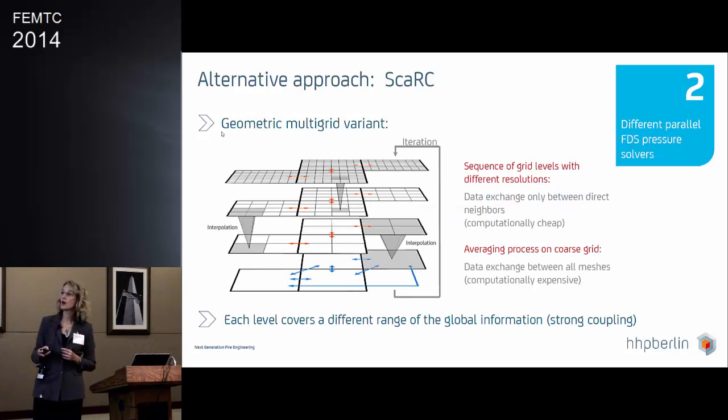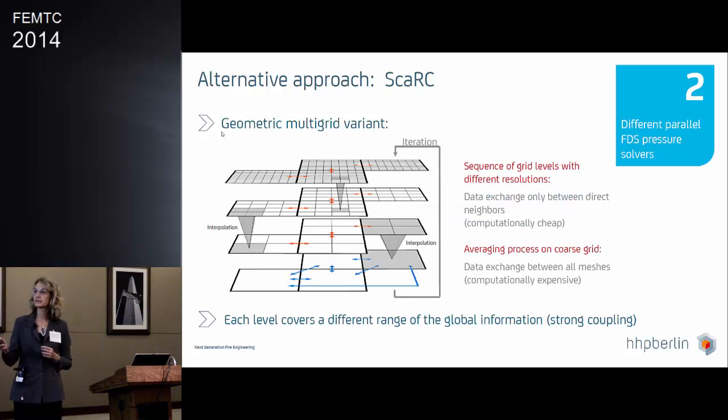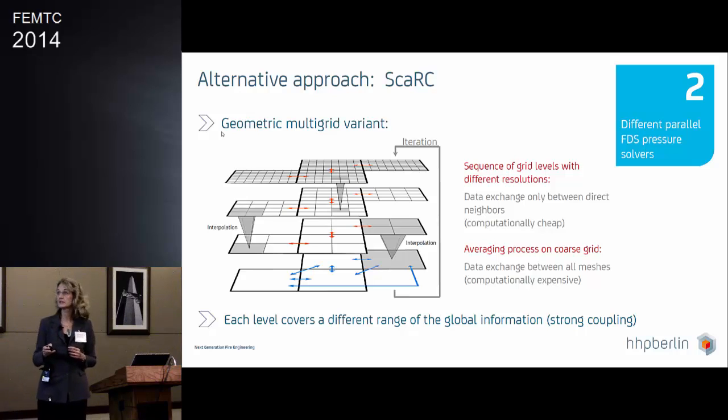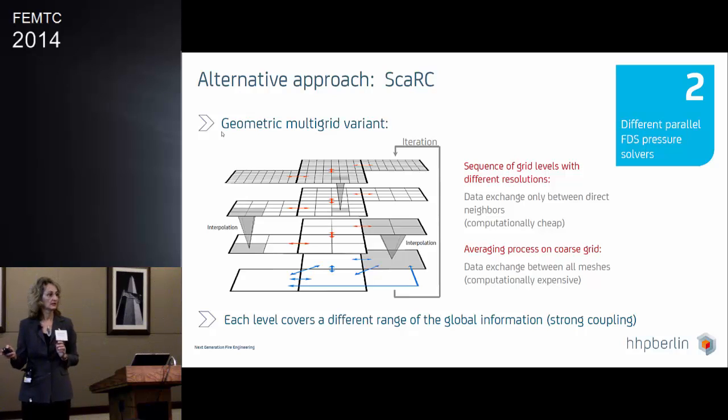And here you can see how it works. This is the geometric multigrid variant of it. There are some other classes of this method. In this variant, we have a complete sequence of grids with different grid resolutions, and we have efficient interpolation operators between those grids. All those grids are again coupled together in an iteration process.